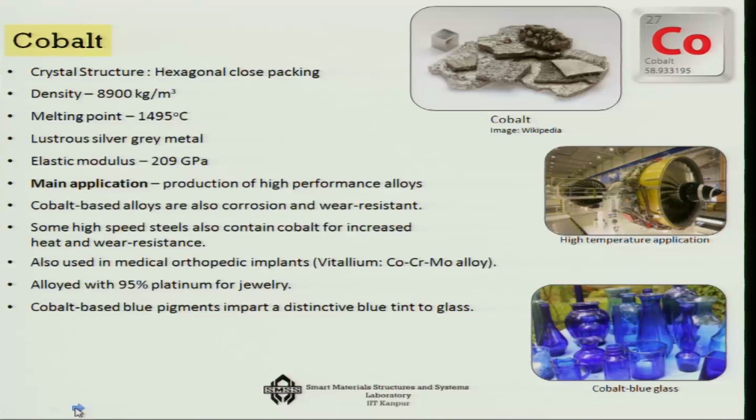Next, we are going to talk about cobalt. Okay. So, cobalt, we have already seen that it is used, for example, with steel as an alloy or also with other metals, but on its own cobalt has a hexagonal close packing, HCP, density similar to nickel, 8900, melting point also is very high, and the luster is silver grey, elastic modulus is about 209 gigapascal, considerable, it is like steel.